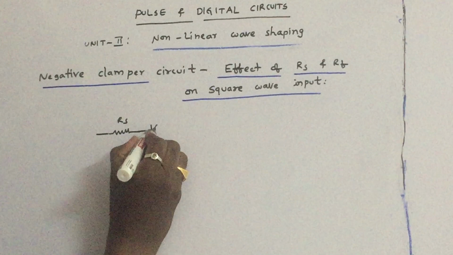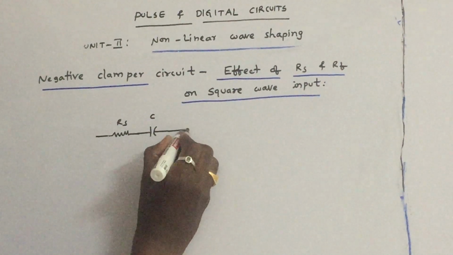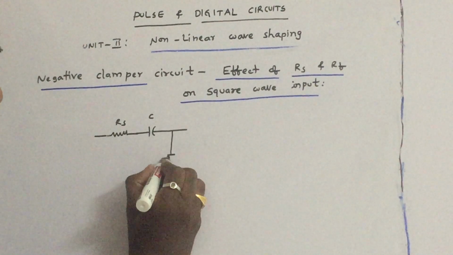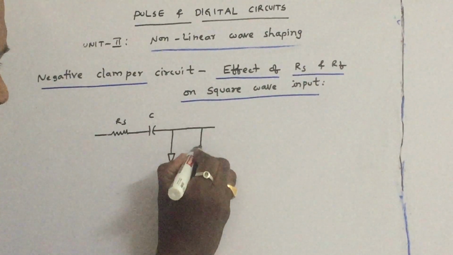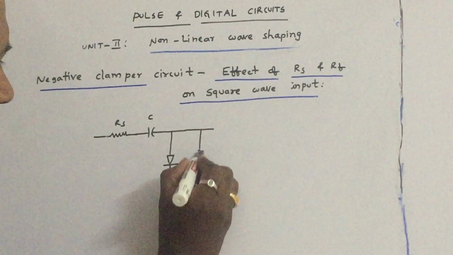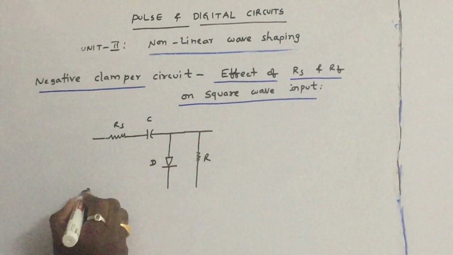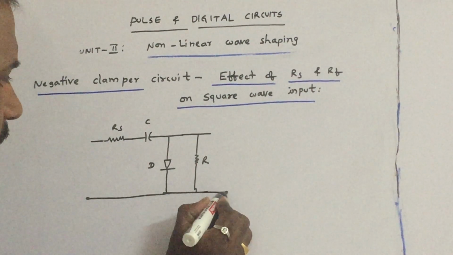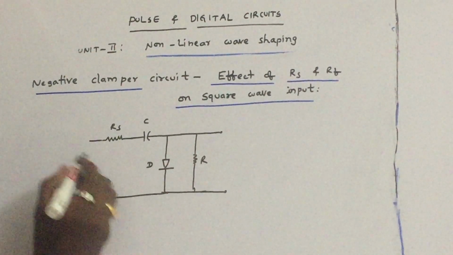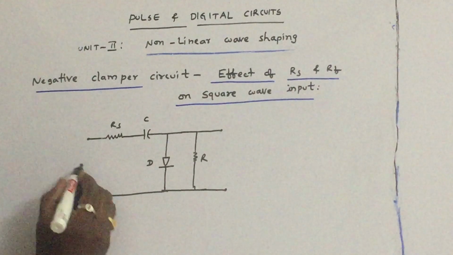So this is the capacitor C, and for a negative clamper, the direction of the diode will be like this, as you know. And we place a shunt resistance R, capital R, across the diode. So this is the negative clamper circuit, in which we take the source resistance and diode forward resistance into account.